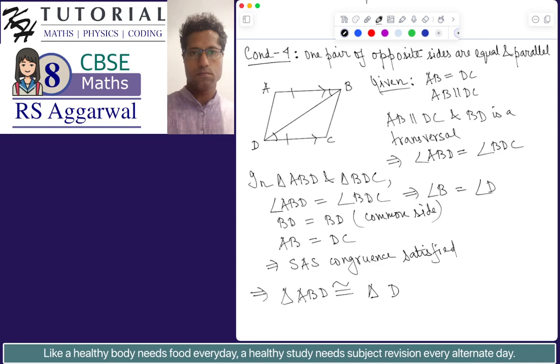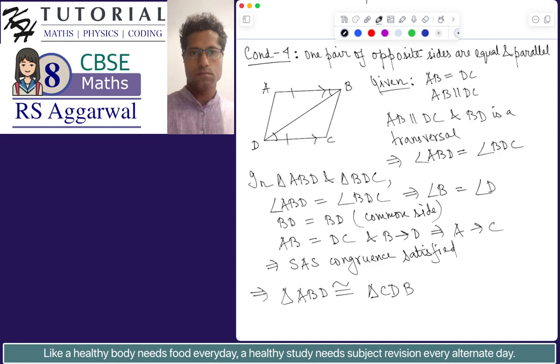So B is having a correspondence with D, and we know that AB is equal to DC. So these two facts, that AB is equal to DC and B corresponds to D, imply that A should have a correspondence with C. So definitely this will be C and this will be B.